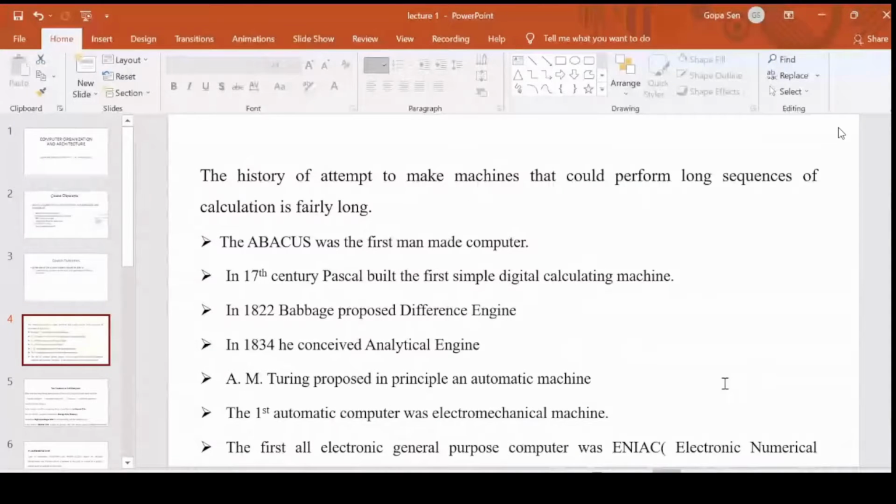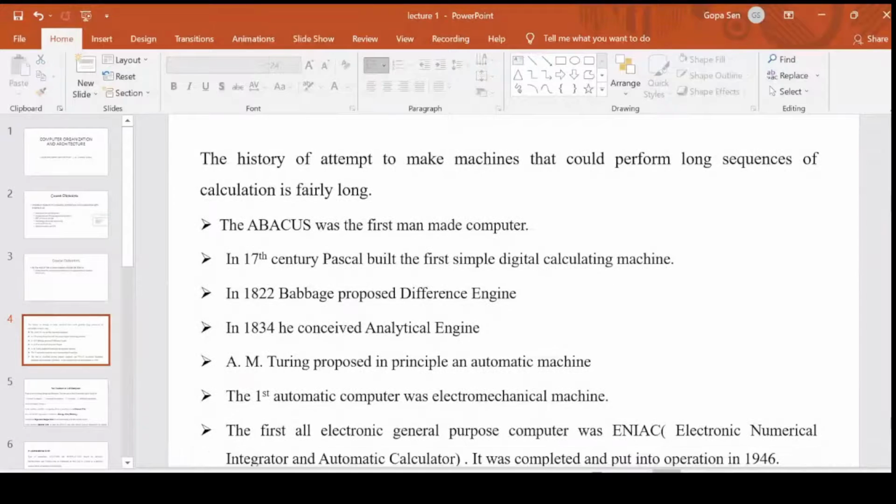Now, the first automatic computer which was designed, developed, and used to work was an electromechanical computer. Electromechanical means it will have some mechanical components, relays, and so its speed of operation was not high.